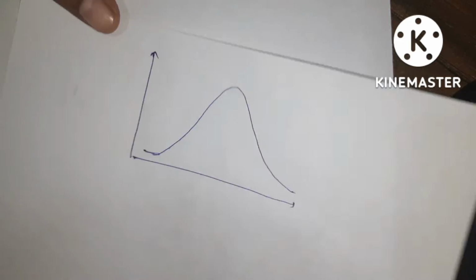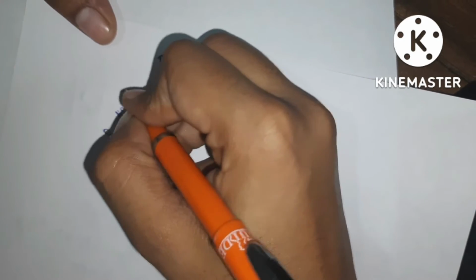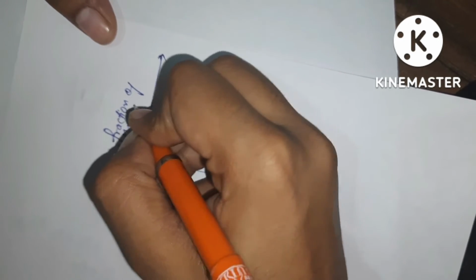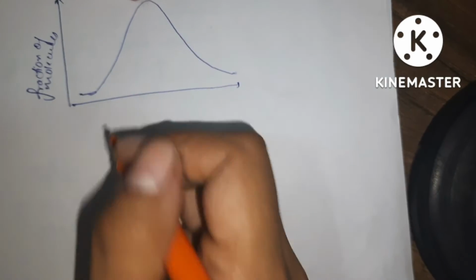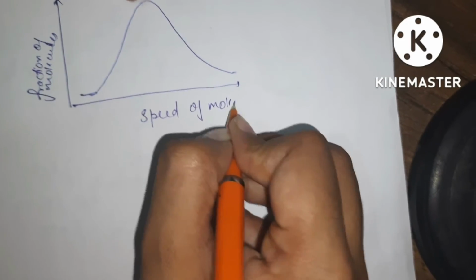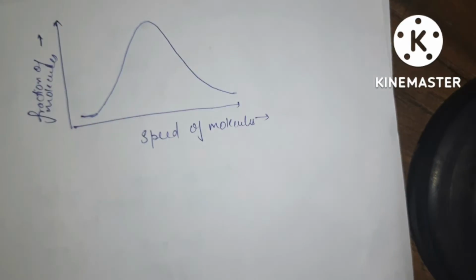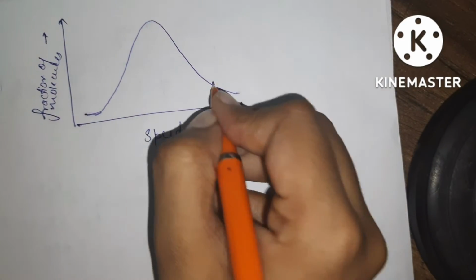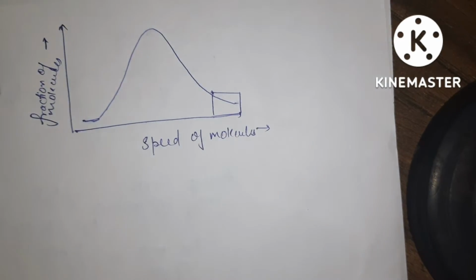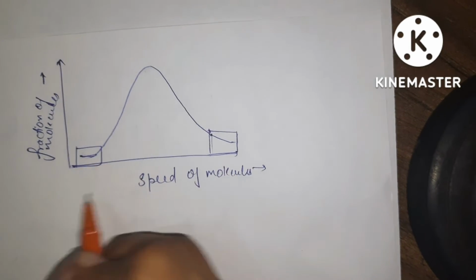I can plot the fraction of molecules on the y-axis and the speed of molecules on the x-axis. A very small fraction of molecules have higher speed, and very few molecules have lower speed.